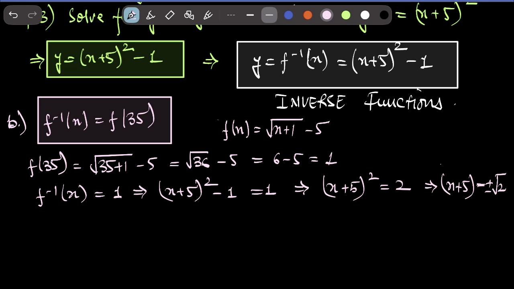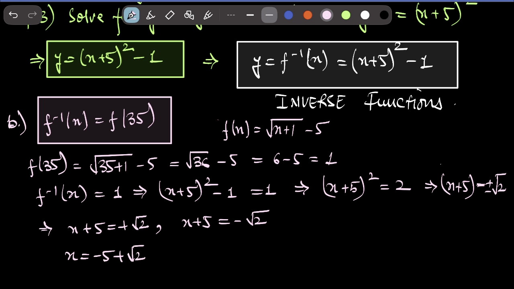So now I am getting my final answers as x plus 5 is equals to plus root 2 and x plus 5 is equals to minus root 2. If I solve this, I am going to get two answers. One is minus 5 plus root 2 and the other one is going to be minus 5 minus root 2.